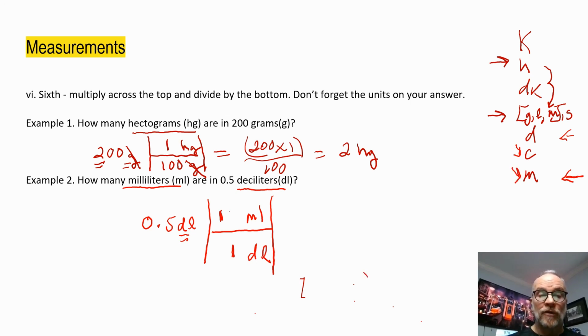So we'll have 2 there. All these had 2. I should have made it a little different. But we have 0.5 times 100. So that will end up giving us 0.5 times 100 divided by 1, which will give us 50 milliliters.